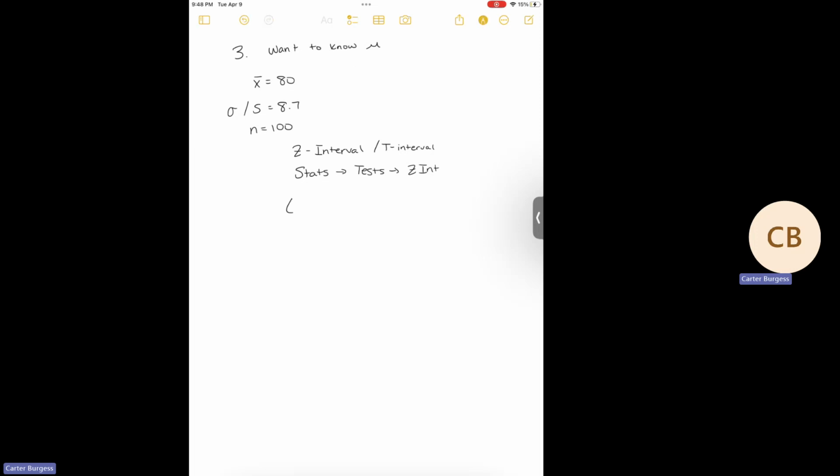For me, I'm going to need to use my formula of x bar minus the EBM to x bar plus the EBM, where the EBM is equal to our critical value, either z or t, times our standard deviation divided by the square root of n, and that could be s or sigma. That's fine.